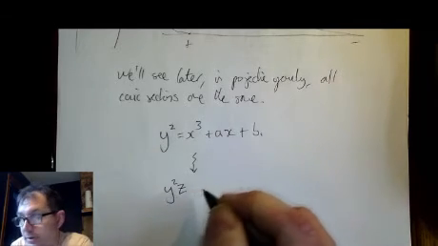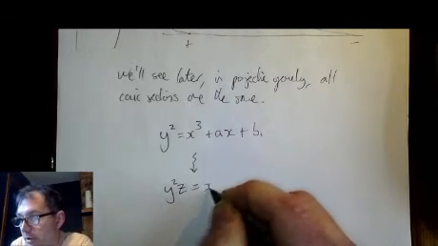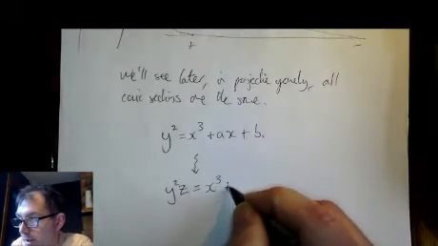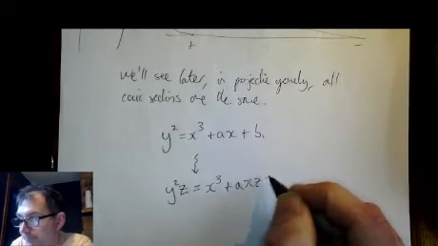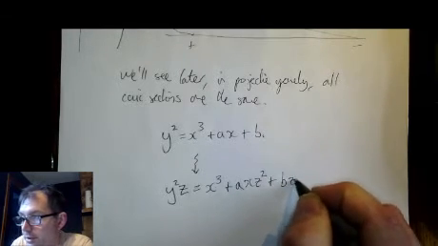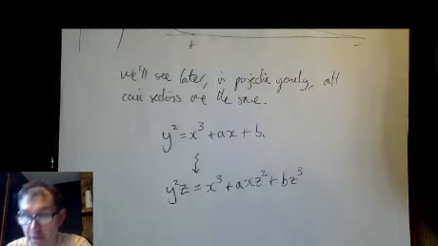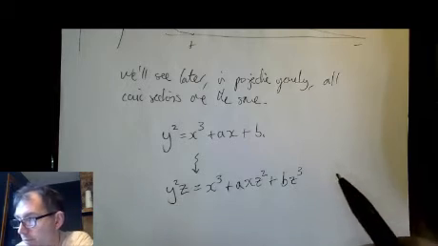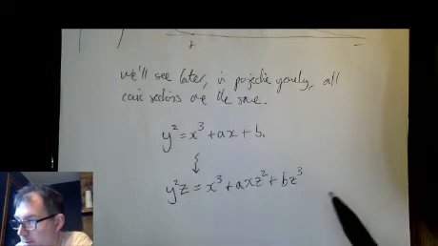So I'm just going to put a z. Now it looks very artificial, but I'm just making all these terms match up in degree, and it turns out that then this defines a projective curve. One reason for doing that is that it gives you access to a point that you wouldn't have otherwise.